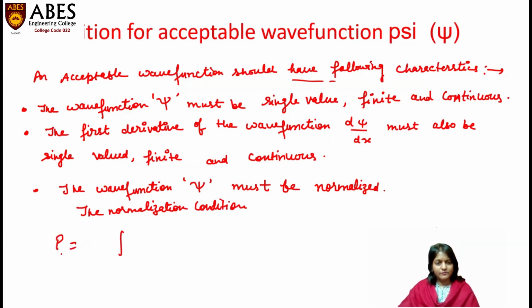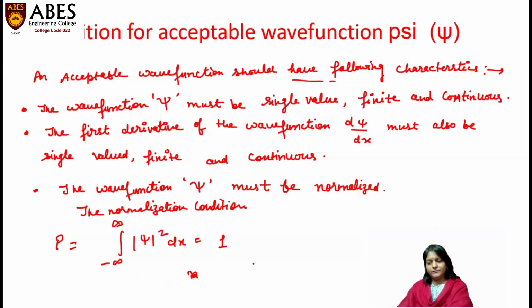The probability, denoted as P, the integral from minus infinity to infinity of psi square dx, is equal to 1. This is called the normalization condition. The probability of finding the particle is 1, and the particle is moving along the x direction.